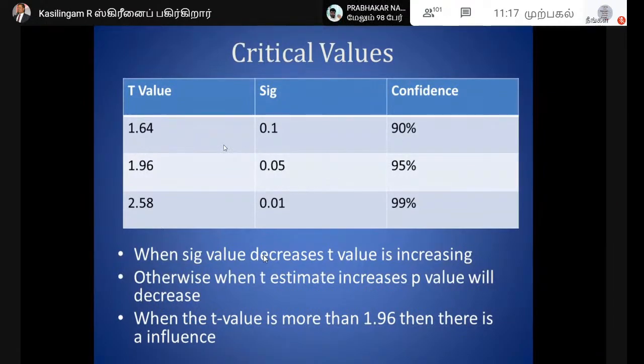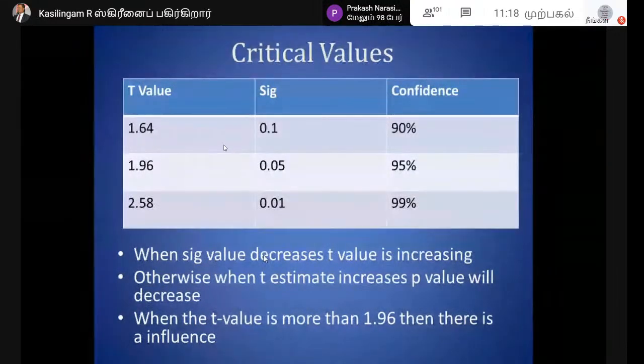That is the meaning, for any estimate, whether the chi-square estimate, F estimate or any other. When the estimate increases, the p value will decrease.